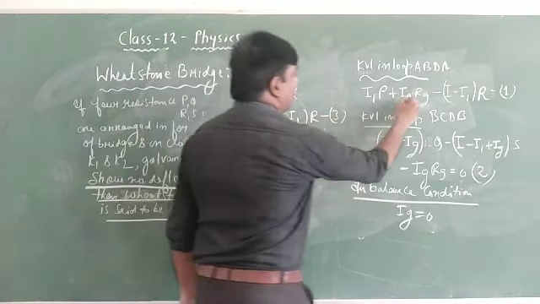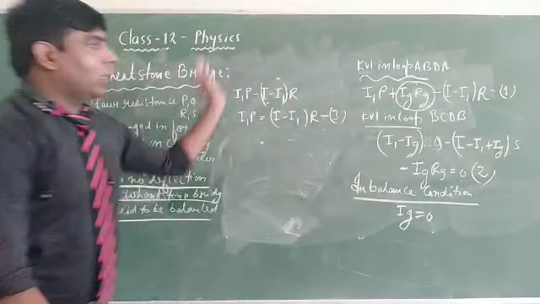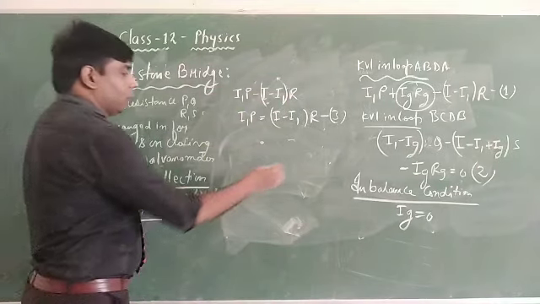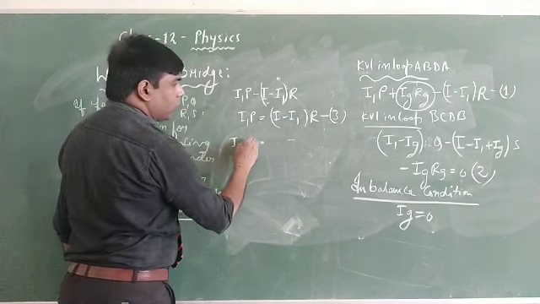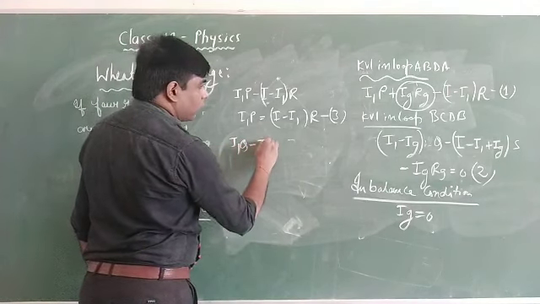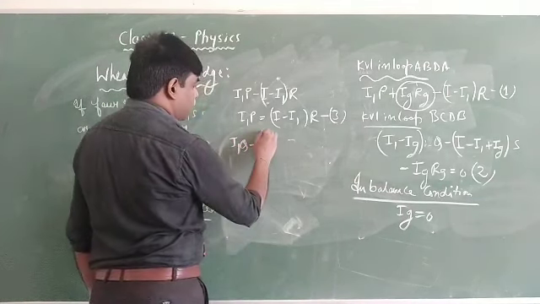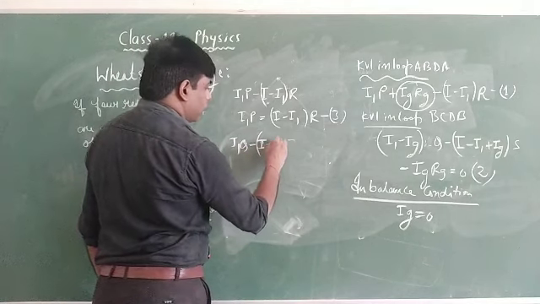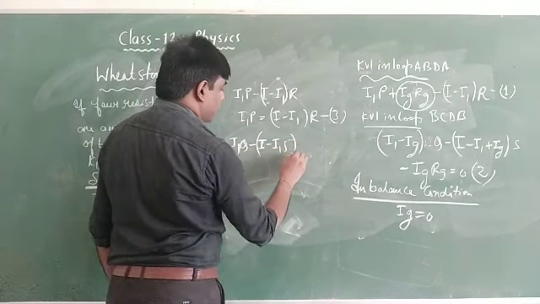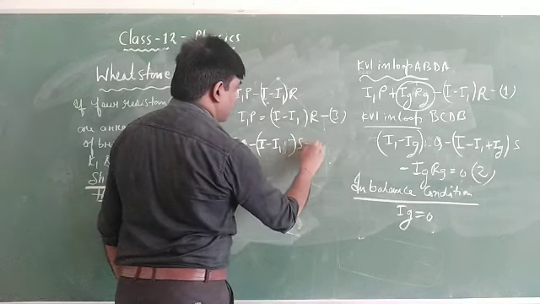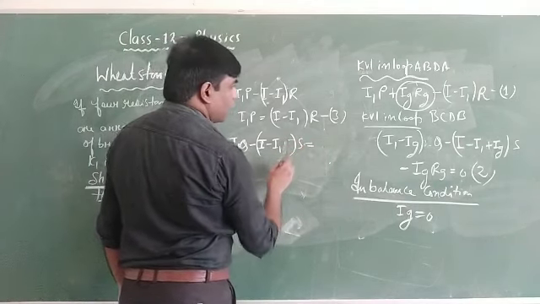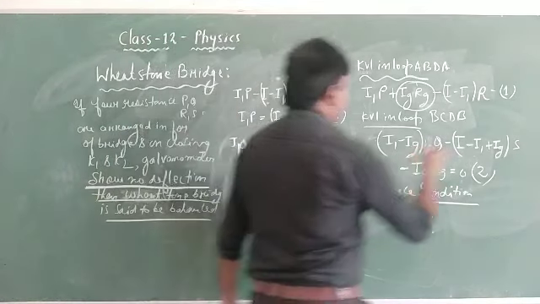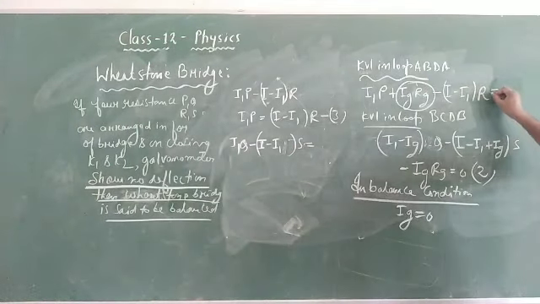See here, when I am putting IG equal to 0, this will become 0. I am moving left hand side and right hand side. Here, sorry, here we will write 0.